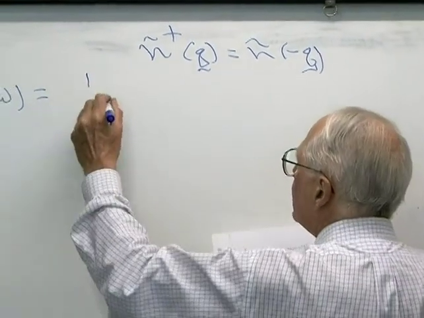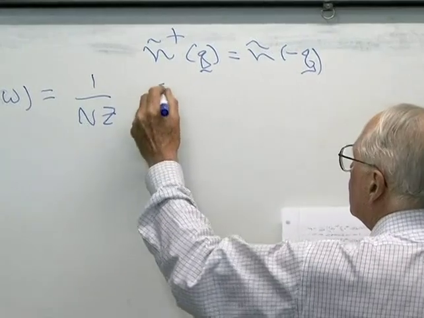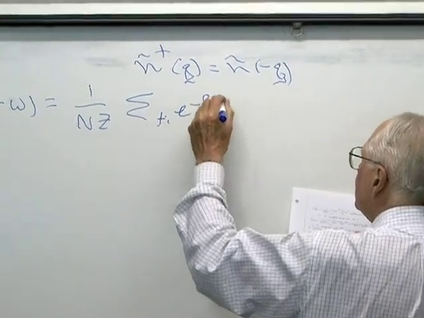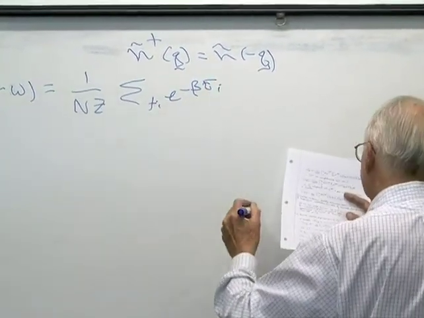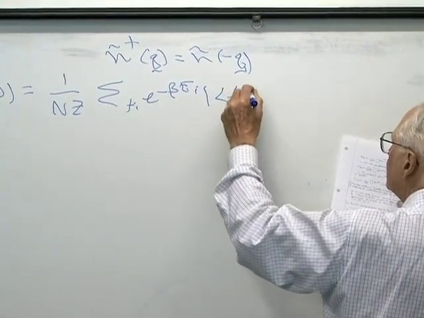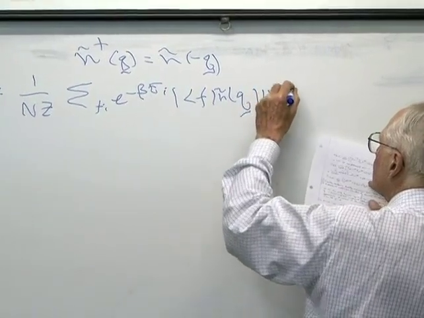I get 1 over N Z sum on F and I, e to the minus beta EI. Now I get F N tilde of Q I squared.